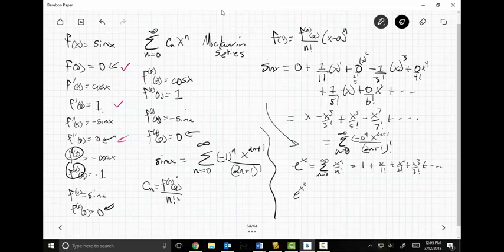If e to the x is this, and e to the x squared is just x squared composed with e to the x, then wherever I see an x in this polynomial, what do I simply substitute?